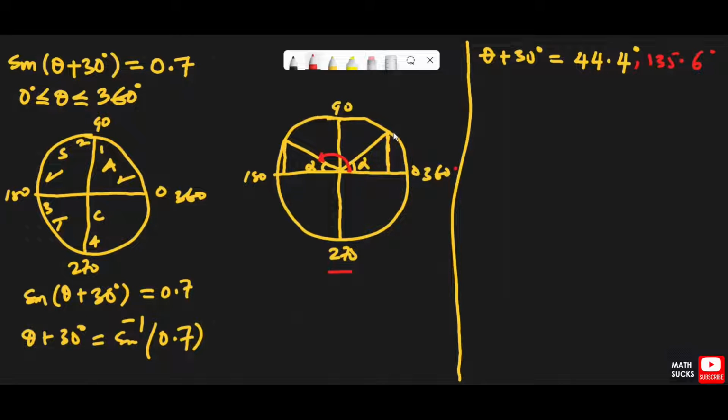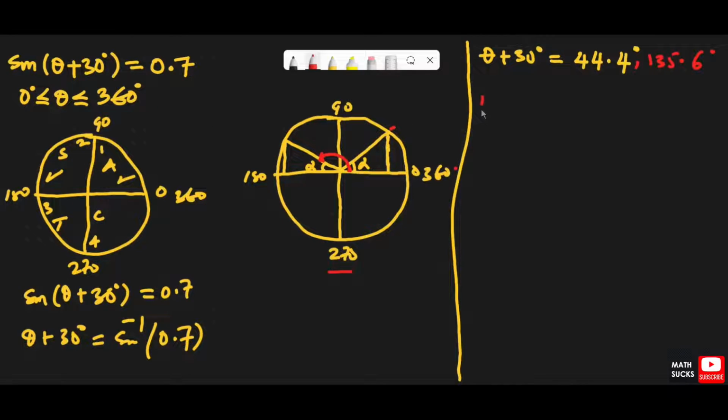But when it comes to solving for theta, we are going to be taking off this 30, and to generate an angle here, 360 plus 44, which is about 400, taking off 30 is not going to reduce it back to this range. So the only possible angles of theta that satisfy this equation, with theta falling in this range, are only these two.